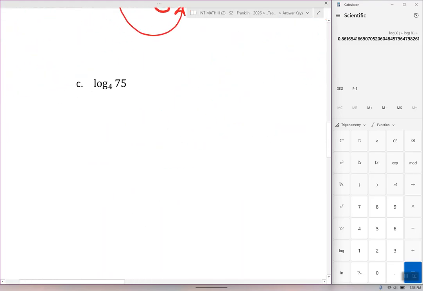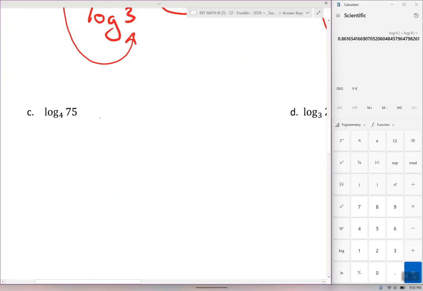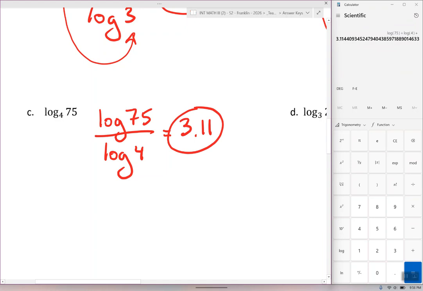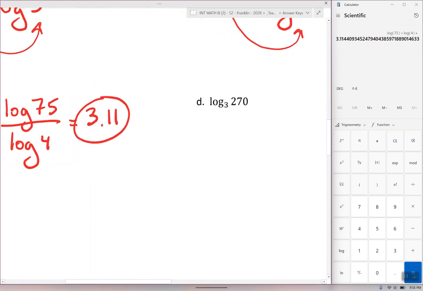Let's keep going. Log base 4 of 75, I'll change that to log 75 over log of 4. And we'll just use the calculator to figure this out. We get 3.11. Last example here.